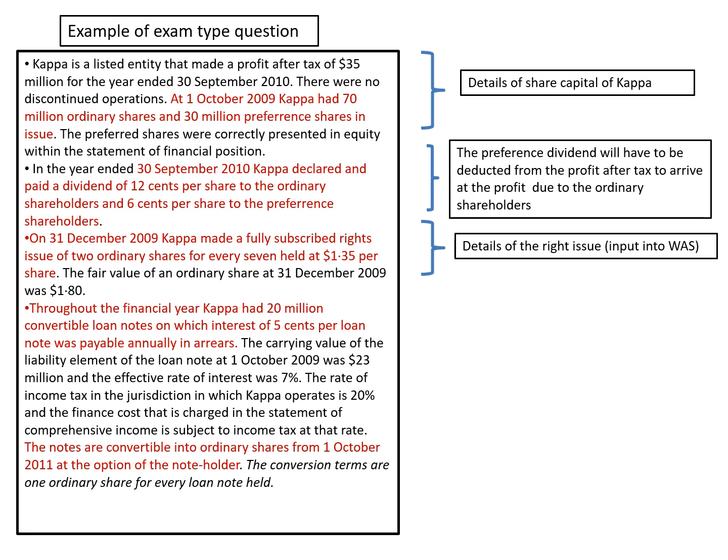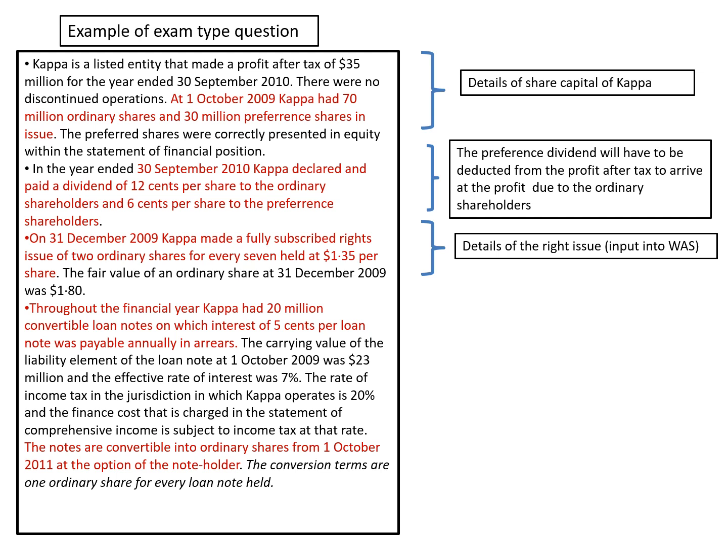Now, when we calculate the interest payable on the loan notes, we have to take the 7% as the effective rate according to IFRS 9. The rate of income tax in the jurisdiction in which Kappa operates is 20%, and the finance cost that is charged to the statement of comprehensive income is subject to income tax at that rate.